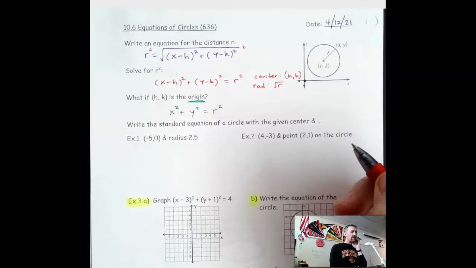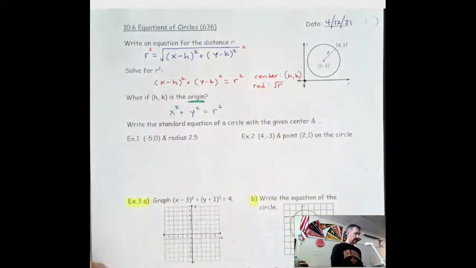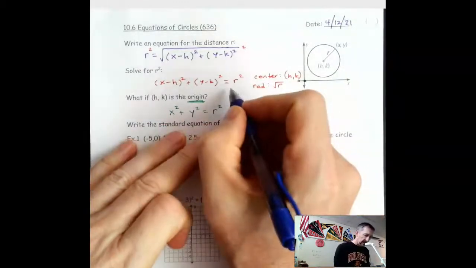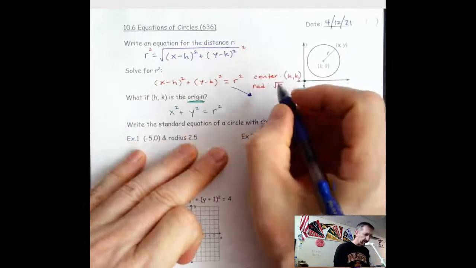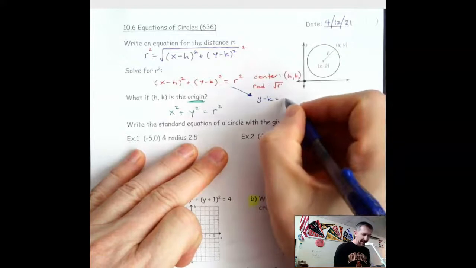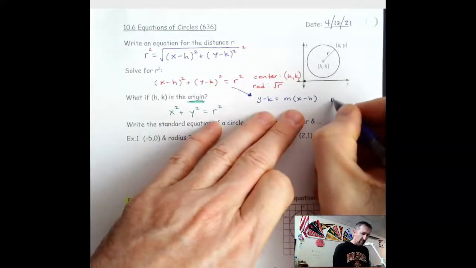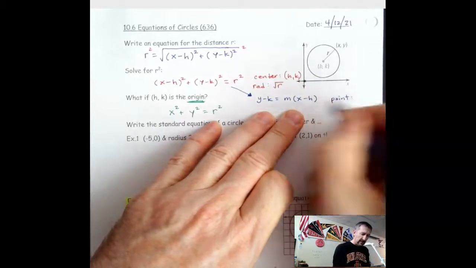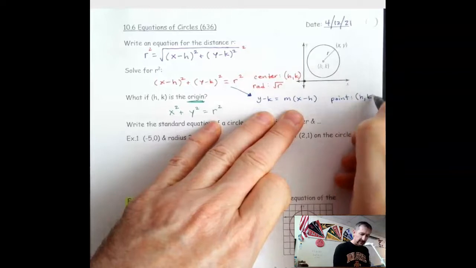Now, if we look at this, we can compare it to some things that we had before. So we can think about y minus k equals m times x minus h. And so our point on the line was the opposite of x, which is h, and that's k.